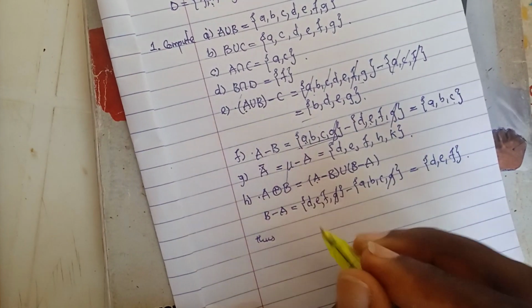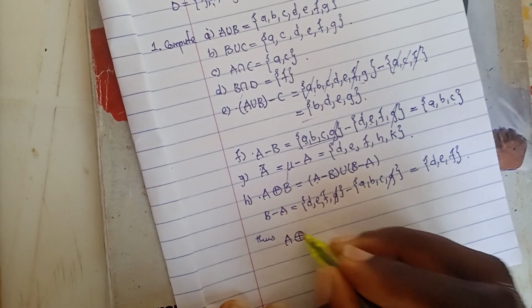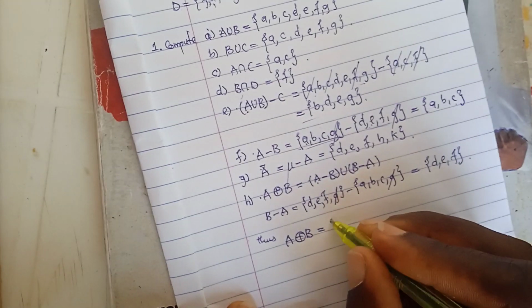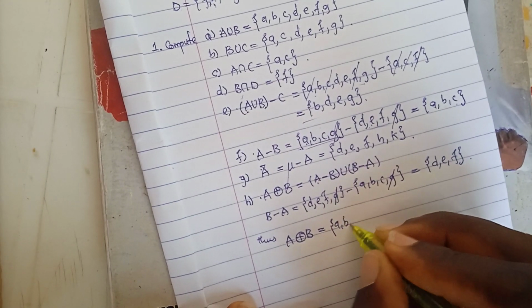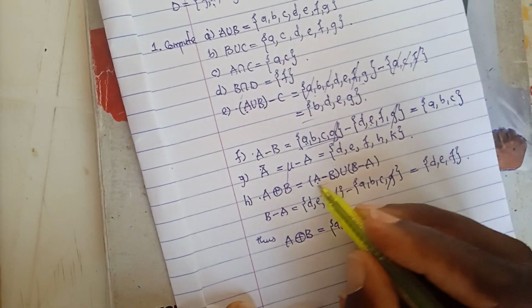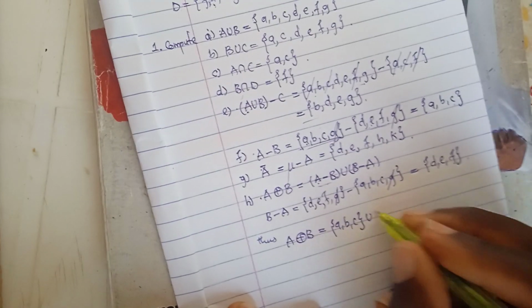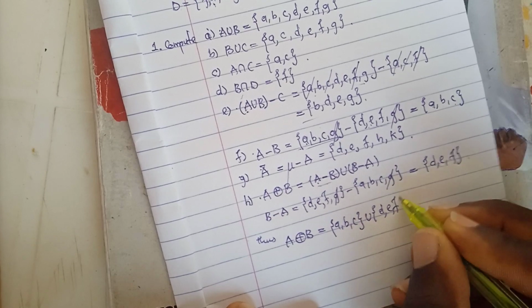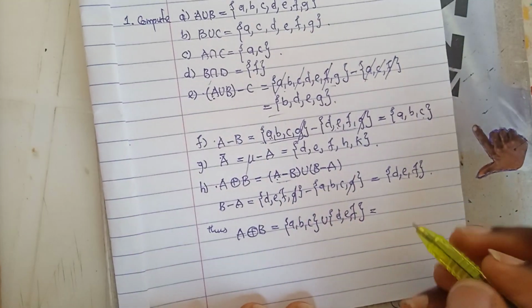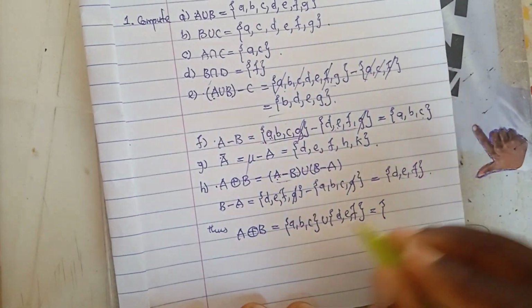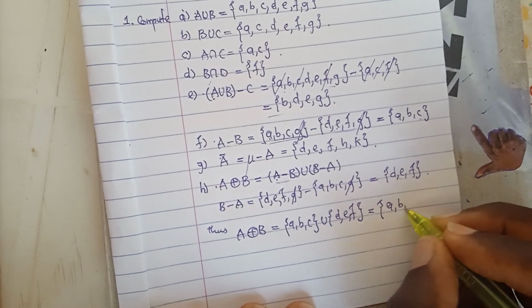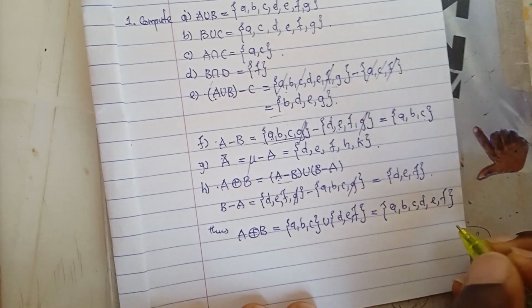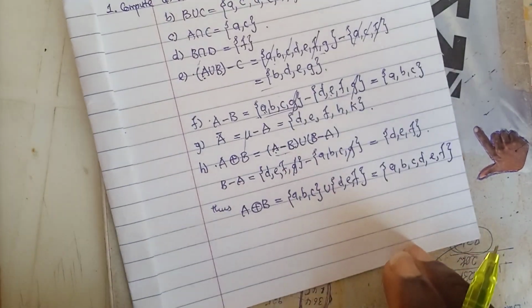Thus, the symmetric difference of A and B will be A, B, C union D, E, F, which gives us the set A, B, C, D, E, F. That is just it.